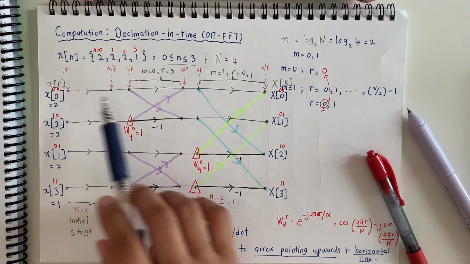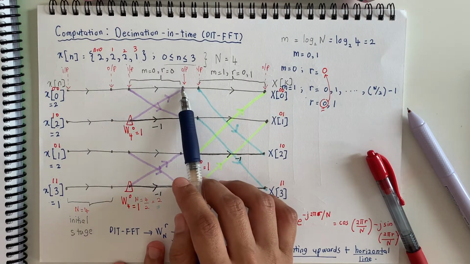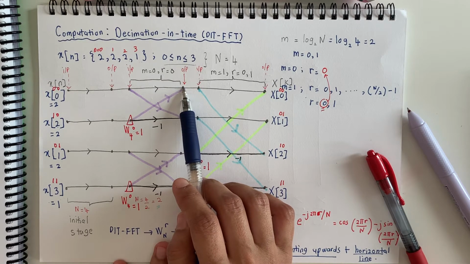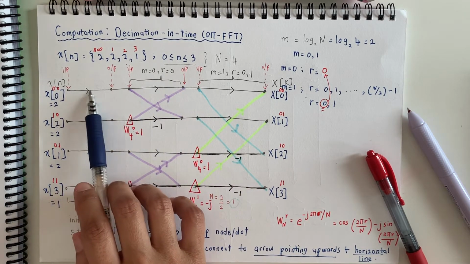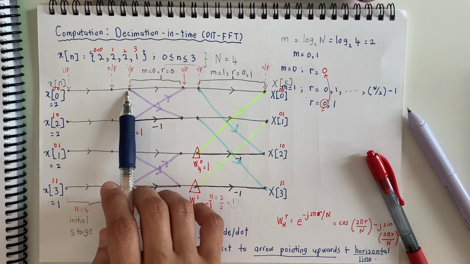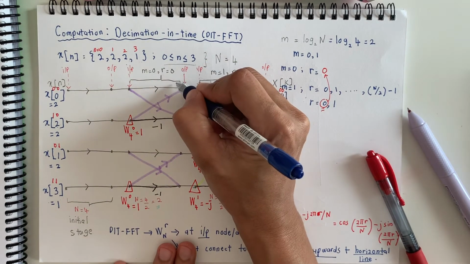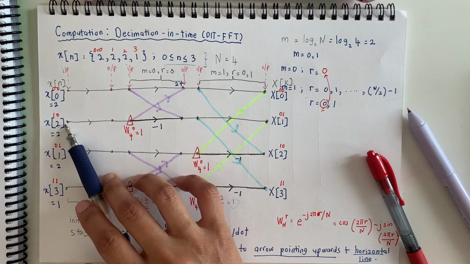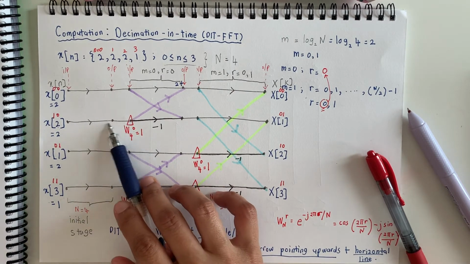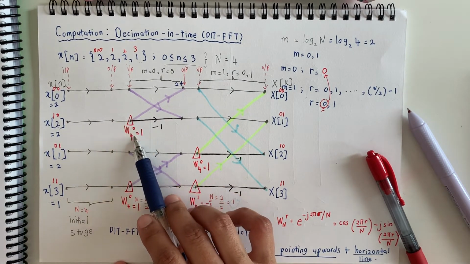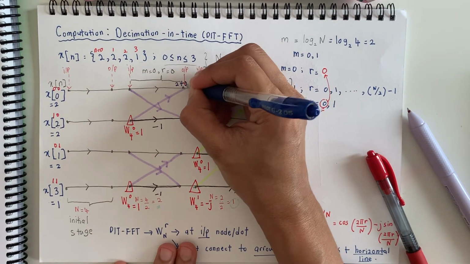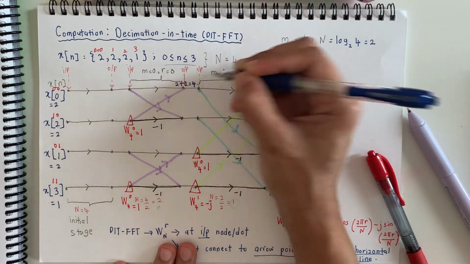We want to get the value of this knot. So 2 times 1 is 2, plus 2 times 1 times the weight 1 is 2, so equal to 4.